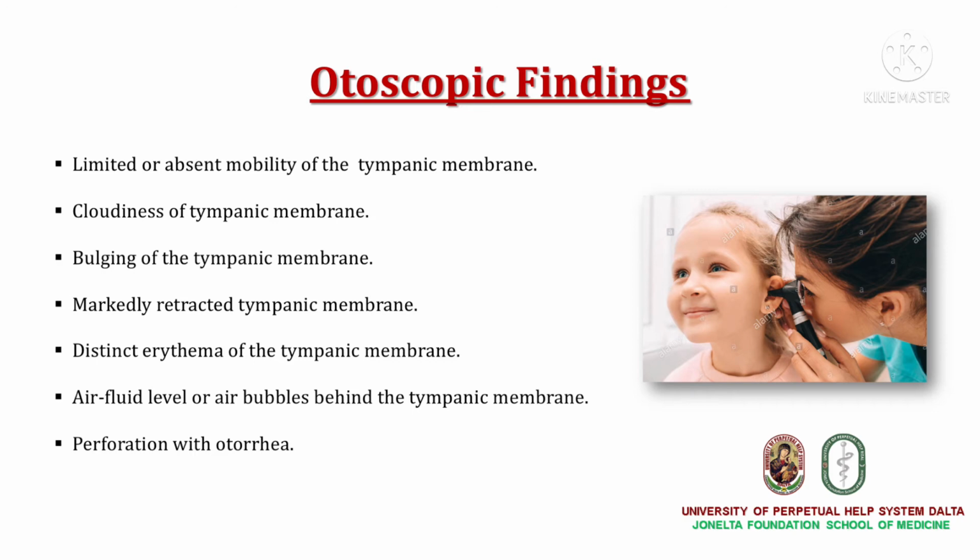Also the patient might have an air-fluid level or air bubbles behind the tympanic membrane, because the eustachian tube is not obstructed throughout the time. Sometimes it is partially obstructed and the secretions drain, so in that condition there will be air bubbles behind the tympanic membrane.